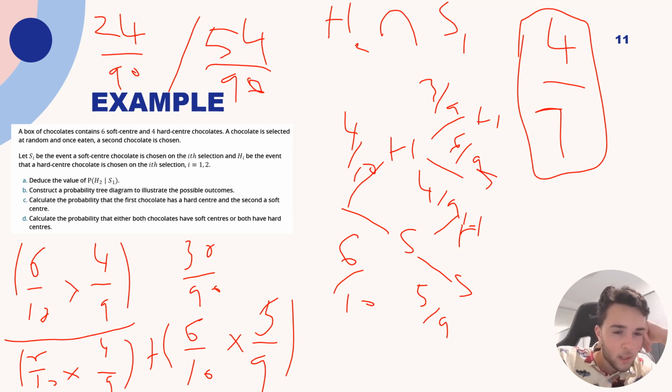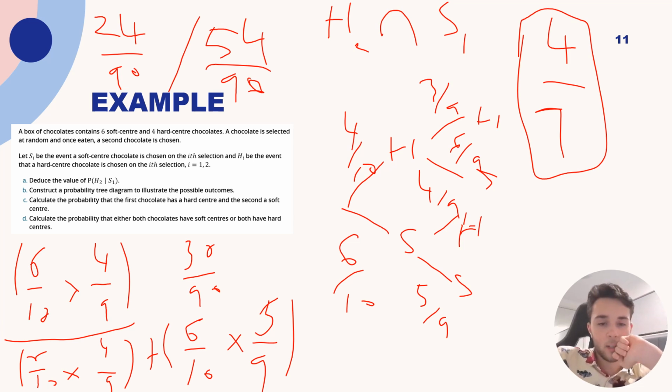Alright, probability of C is that the first chocolate has a hard center and the second has a soft center. So you can just use the probability tree for that. The first chocolate has a hard center, 4 out of 10, and the second chocolate has a soft center, 6 over 9. Multiply them together, kaboom, 24 over 90. And then calculate the probability that either both chocolates have soft or both have hard centers.